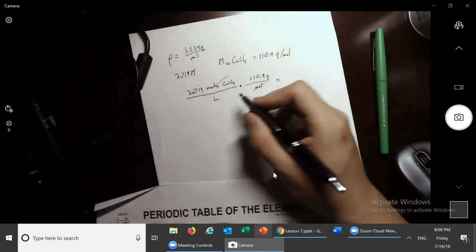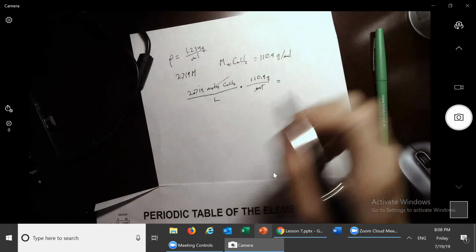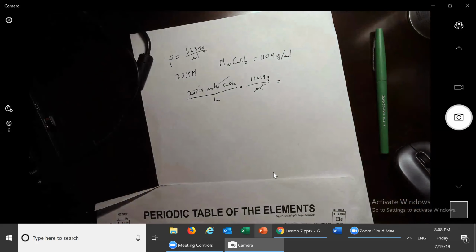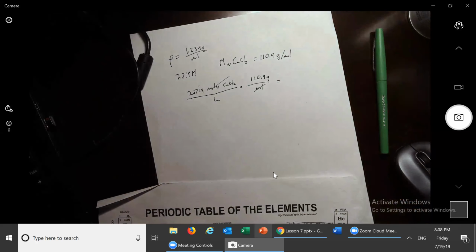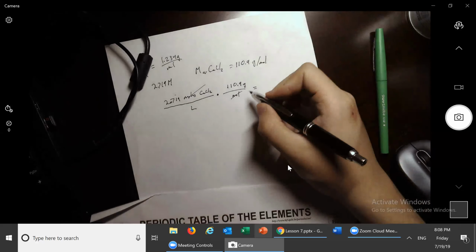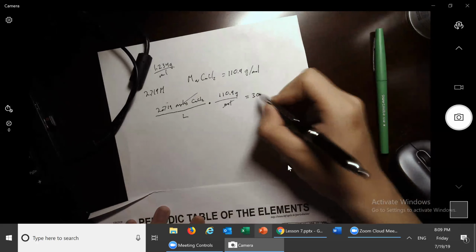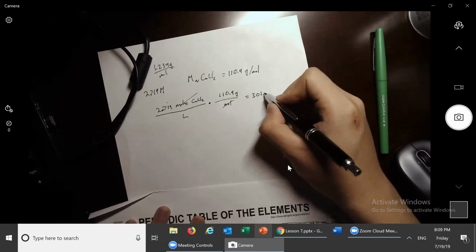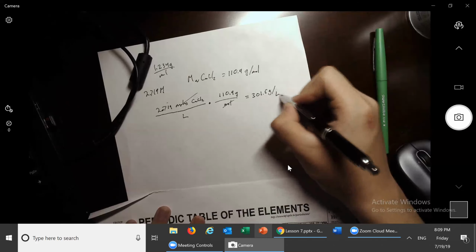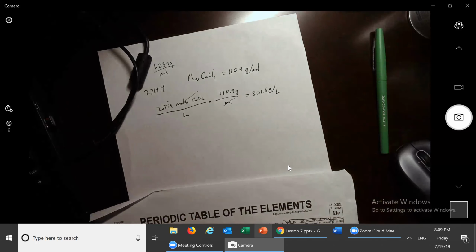Equals, let's see what it is. Okay, great. So now we know that the mass of calcium chloride is going to be 301 grams per liter.